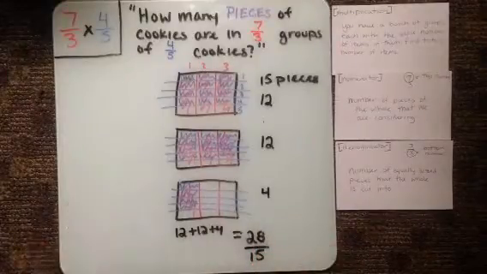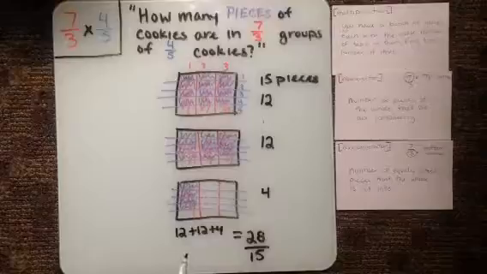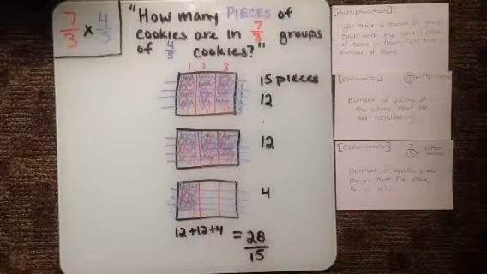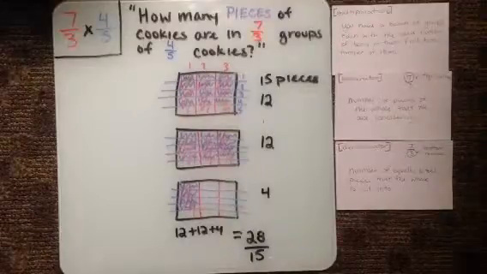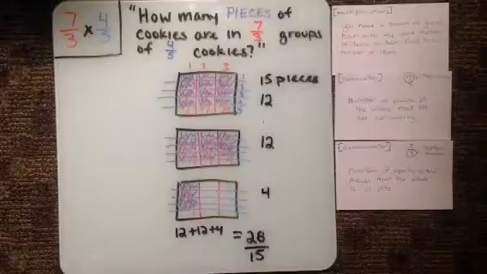So we have 28 pieces of the whole that we care about that are shaded, and then 15 pieces each make the whole complete.